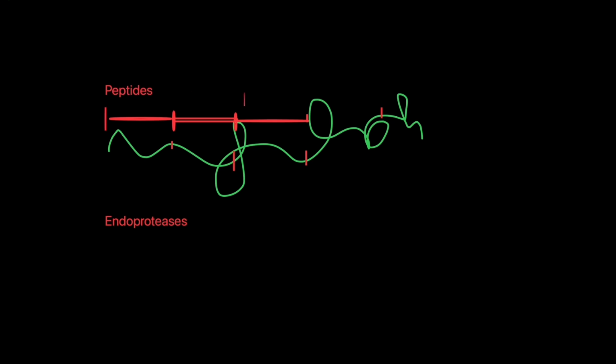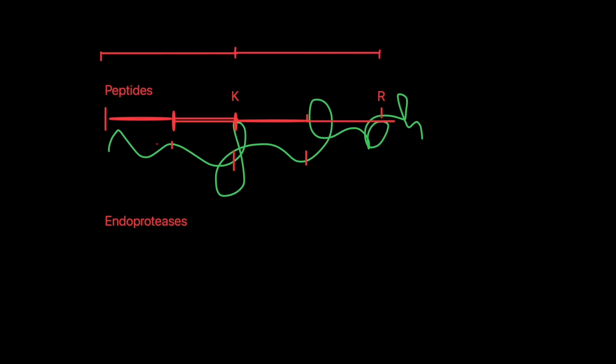Let's say this right here is lysine, for which the letter is K, and this is arginine, for which the letter is R. We would cut at lysine, and then it also cuts at the arginine.